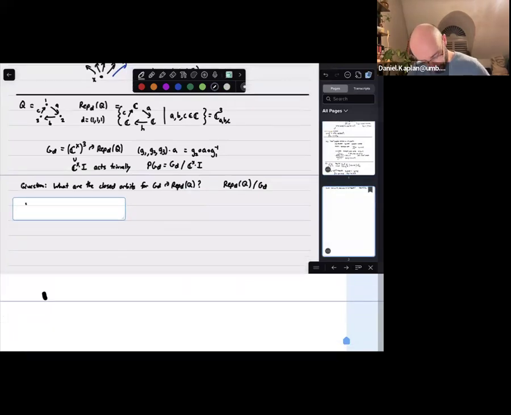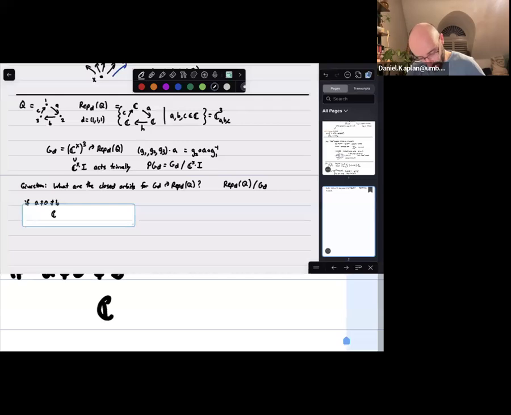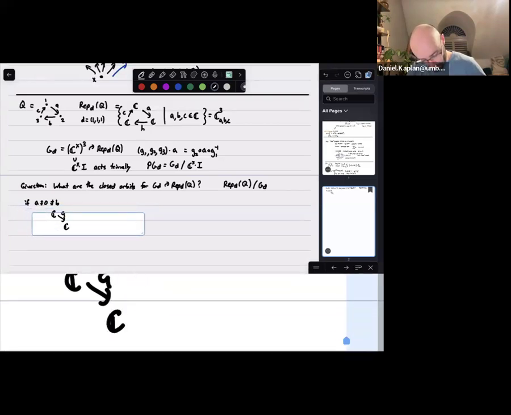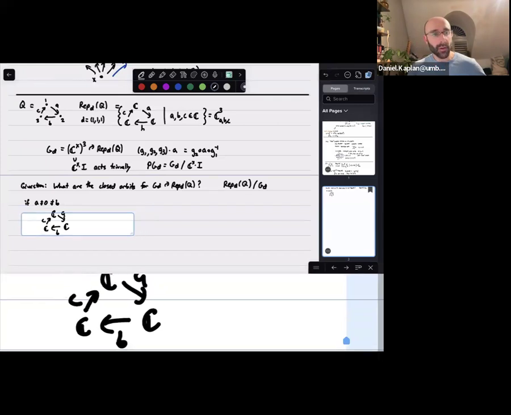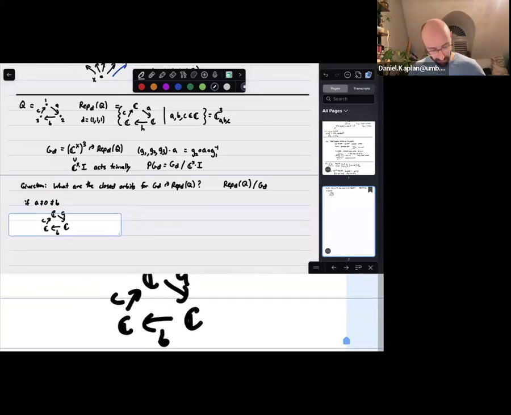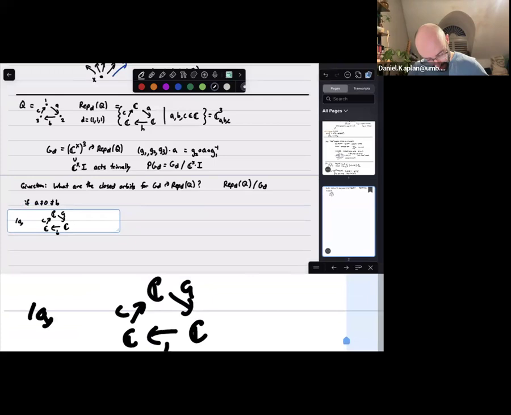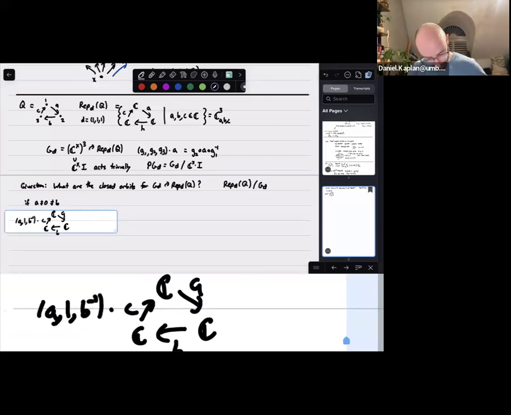Well, if A is not 0 and B is similarly not 0, then I can act. Let's see, how do I want to do this? So I want to act by this triple, say A, then 1, and then B inverse.